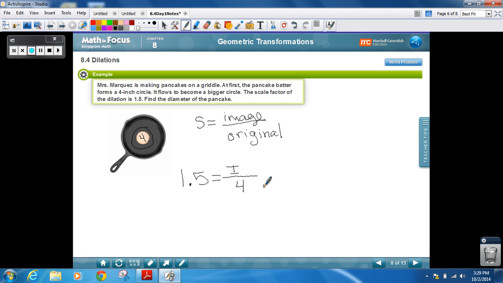So this is the equation I would solve. In order to solve this, I would take both sides times 4. And I would get that my image has a diameter of 6 inches. So that's just working backwards using the formula for scale factor.